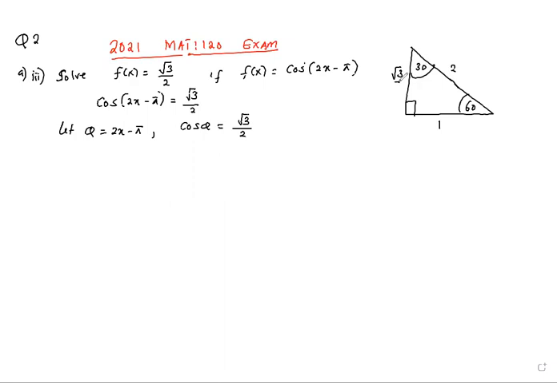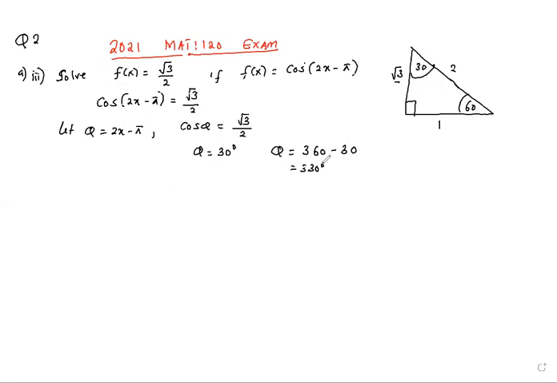So we get theta to be 30. That's in the first quadrant. Then you check where else theta is, because cos is positive in the fourth quadrant too. In the fourth quadrant, theta is 360 minus 30, which is 330.